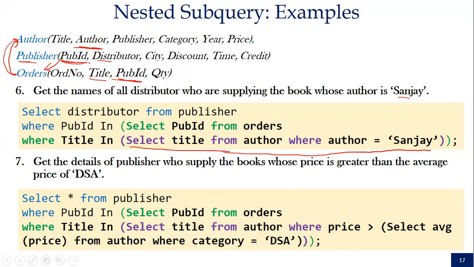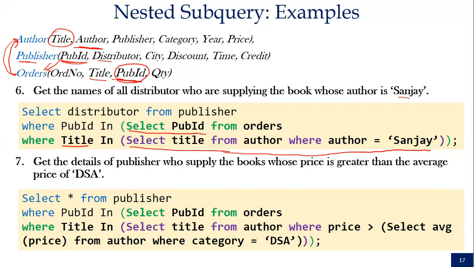You can see how first we are fetching author Sanjay, and then from this author we are seeing the title of the book, and based on this title we are identifying the publisher id, pub id. In the first subquery you can see the publisher id we identify based on the title.